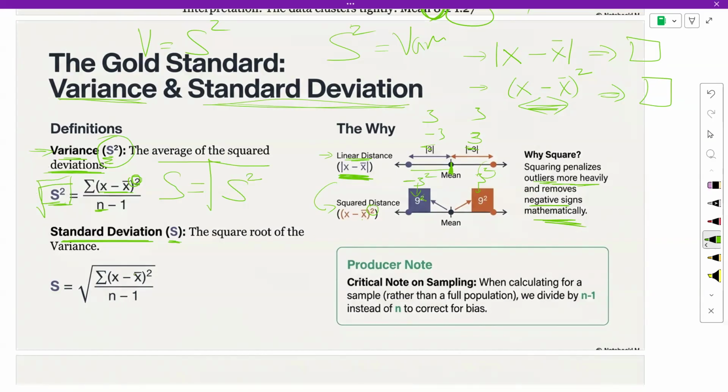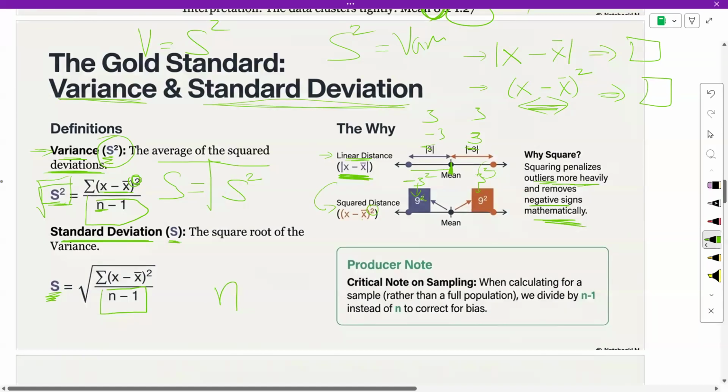Here x minus x bar squared, divided by n minus 1, then we take the square root, which equals the standard deviation. And you may notice n minus 1 here, whereas in the mean deviation we use only n, not n minus 1, in the denominator.